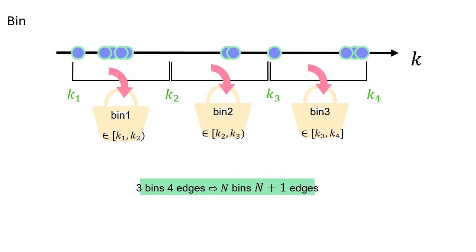The first bin is in the range k1 to k2, and the bins don't overlap each other. They are separate from each other. In this case, you have 3 bins.